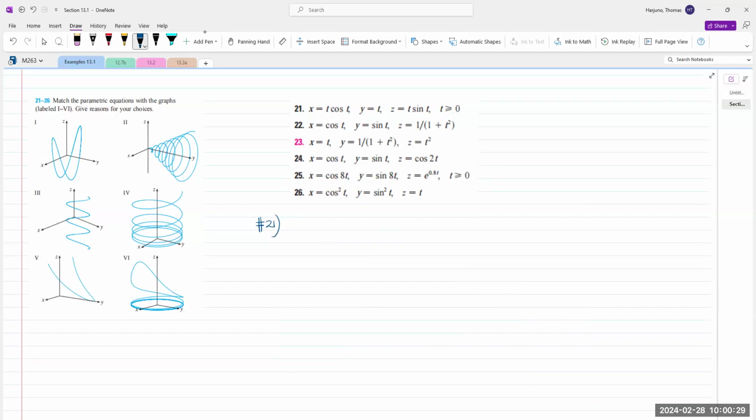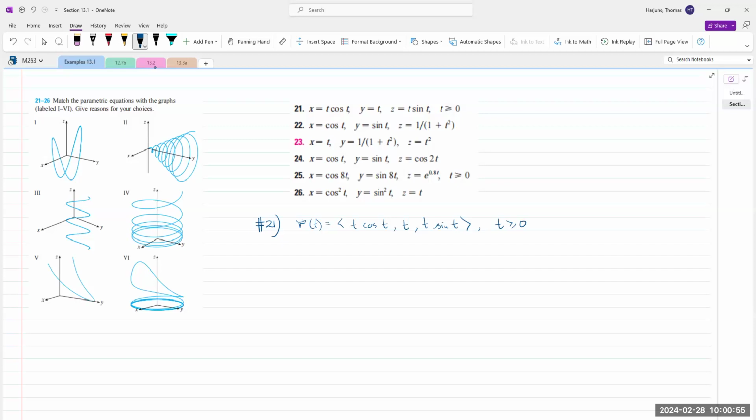Okay, so for example, number 21, we have the space curve r(t): t cosine t for the x component, the y component is t, and the z component is t sine t, where t is non-negative.